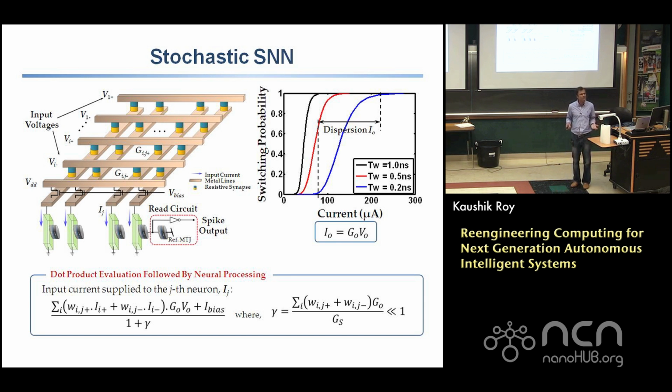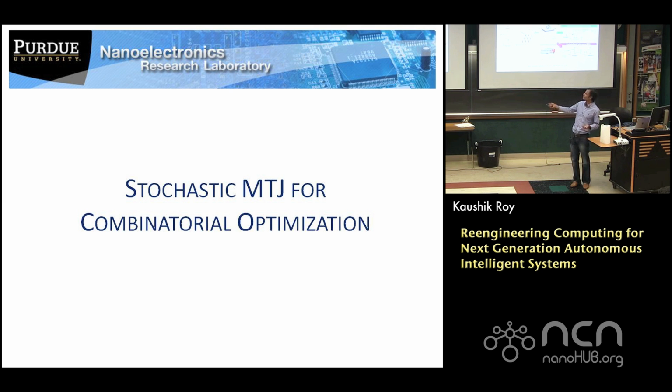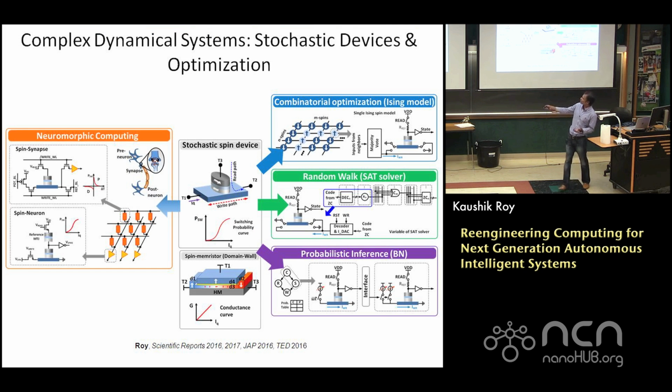You might think, how does it work? Is there a theory behind it, in all these switching activities? It turns out that you can do all kinds of interesting things. I talked about neuromorphic computing, which is neural networks. One can also do combinatorial optimization using the same kind of network. Using these devices, I said, this is my stochastic device.